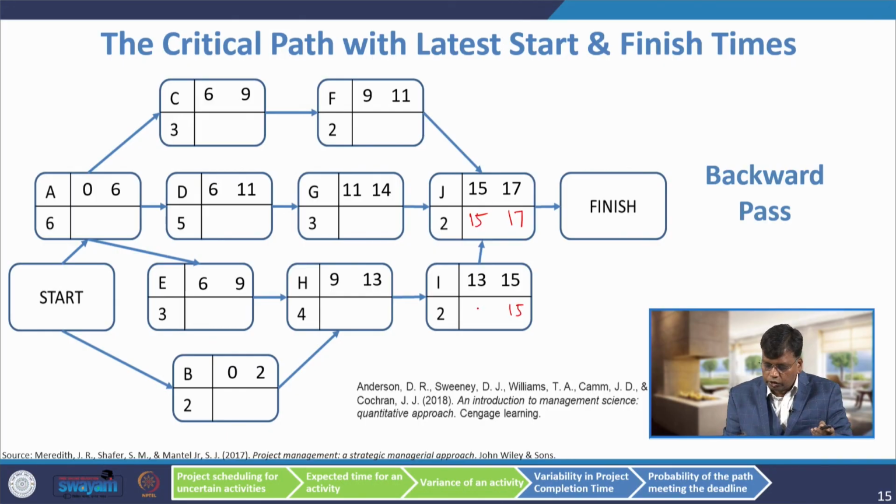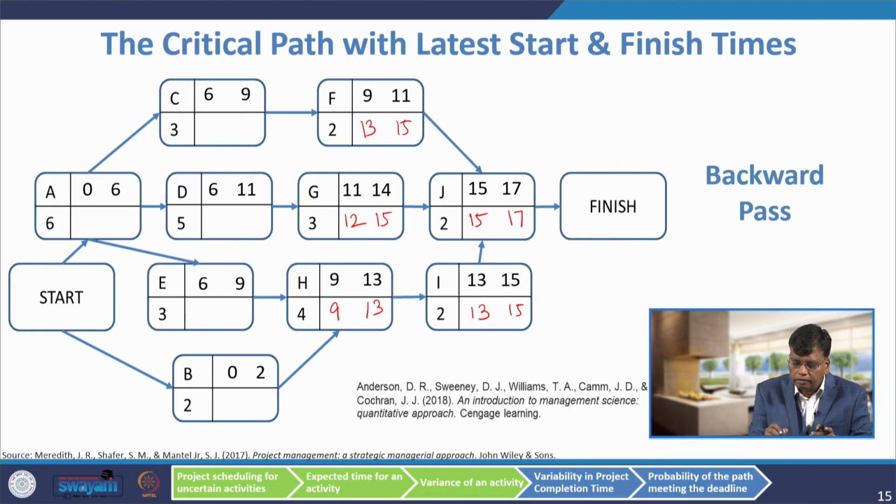So, 15 minus 2, 13, then 15 minus 3, 12, then 13 minus 4, it is 9. Now, again 13 minus 3, 10, then 12 minus 5, 7, then 9 minus 3 is 6, then 9 minus 2 is 7.